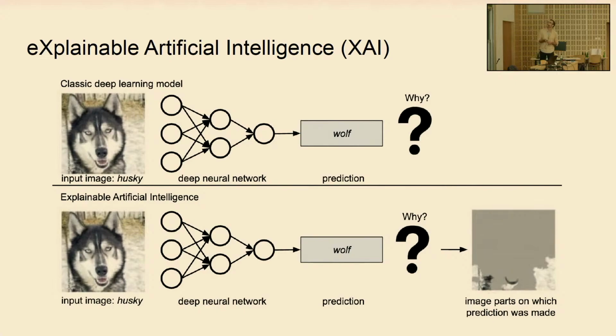In this case, you can see that the reason for classifying this husky as a wolf was wrong, because the model was biased due to the fact that most of the wolf images were made with a snow background, right? So snow in the background. So that's why the husky was also predicted as a wolf, and that's the kind of model that should be changed, should be fine-tuned, should be retrained maybe to remove this bias.